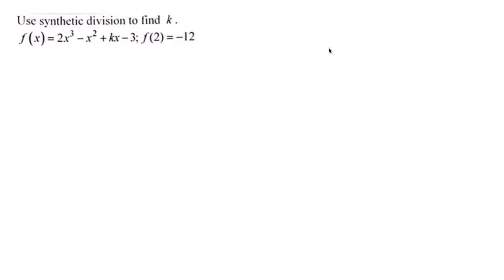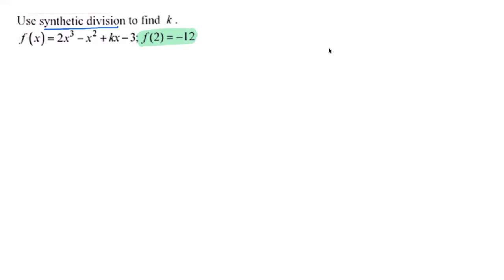Okay, that's number one. Number two is that some students are not understanding what this means. Okay, and also the question indicates that you must use synthetic division to perform this investigation to find out what K is. So first, let's look at the highlighted part.